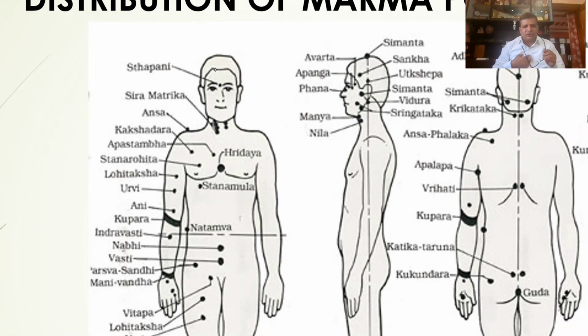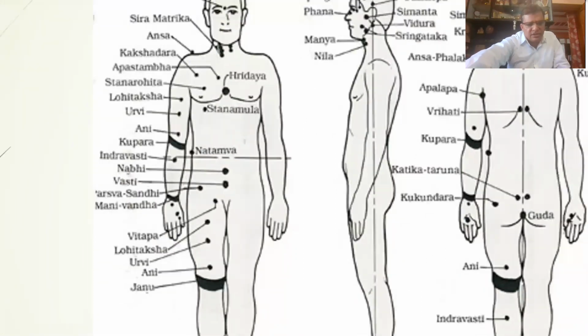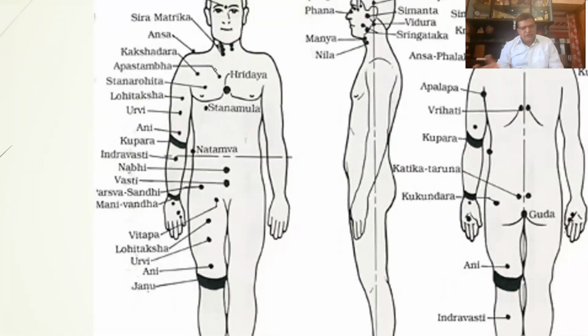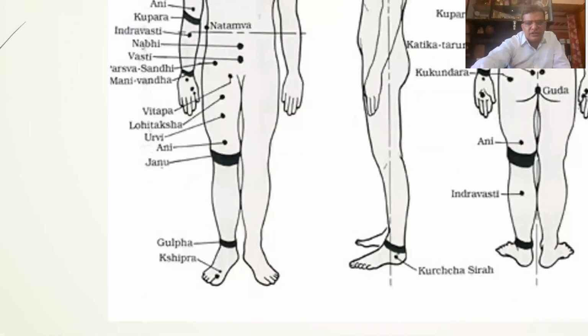Here, you all know, there is the Hridaya Marma. Here Urvi, Ani, Kurpar, Indravasti. Vasti you all know, Nabhi you all know, Parsu Sandhi I will explain if time permits. The Manibandha, Vitapa, Lohitaksha, Urvi, Ani, Janu, as well as the Gulfa and Kshipra.